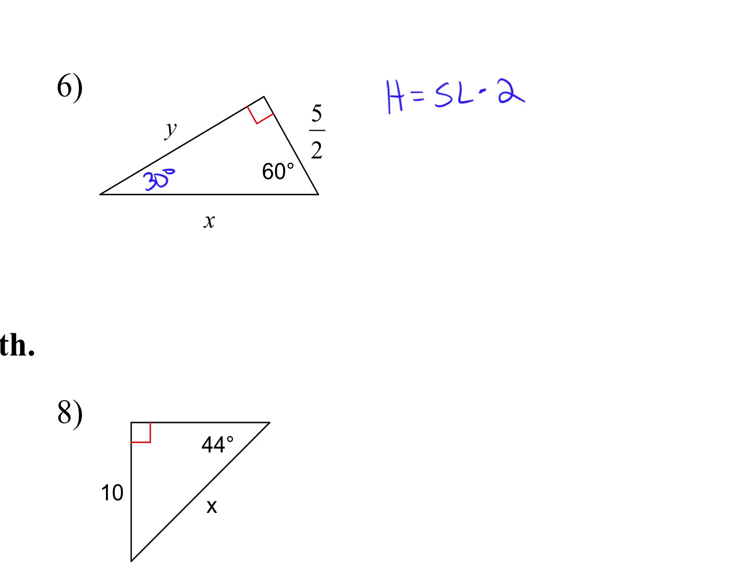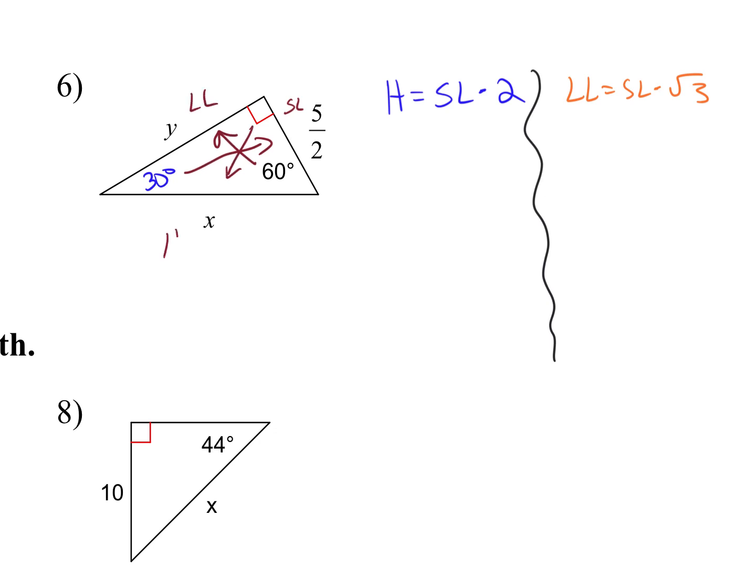Then you have long leg is equal to short leg times square root 3. And remember, on 30, 60, 90 triangles, you always have to do both formulas to find the 2 answers you need. So let's label our triangle. Across from the 30 is always a short leg. 60 is long leg, and across from the 90 is the hypotenuse.